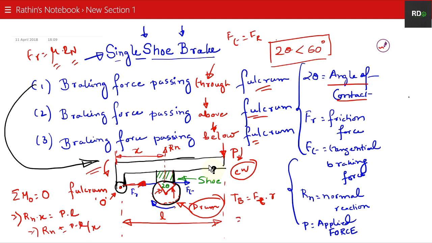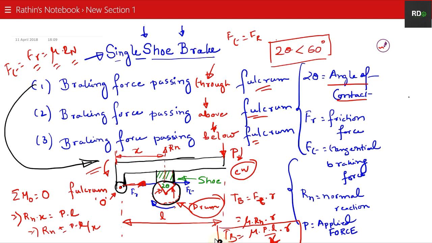So FT equals FR, which is equal to mu Rn. So TB is mu into Rn into R. In place of Rn, we can put this value, mu PL by X, into R. So your TB becomes mu into PL by X into R. This is your braking torque.